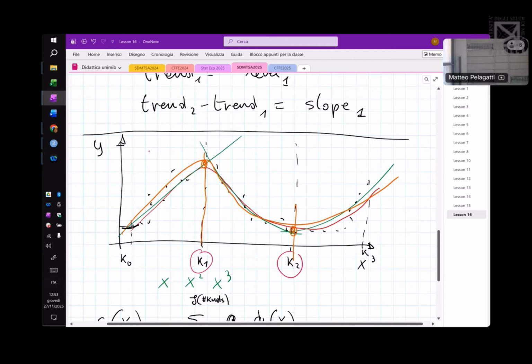So if I put 2 nodes here, I'm just requiring the first derivative here to be continuous. If I put 3 nodes here, I'm just asking the function to be continuous. If I put 4 nodes in the same point, you can have a discontinuity in that point.